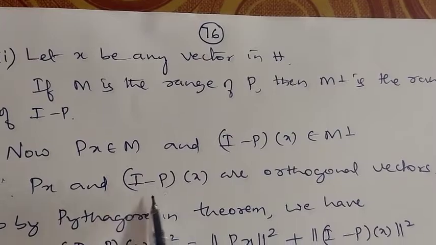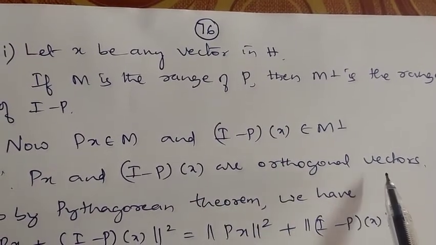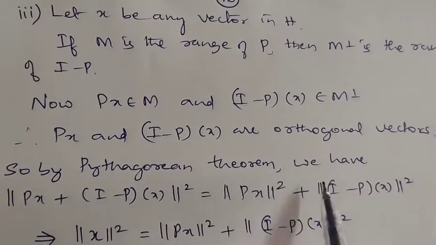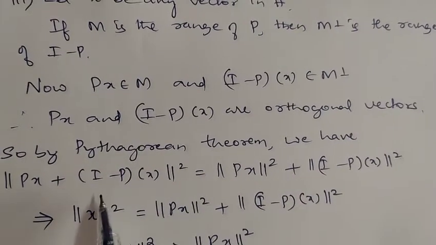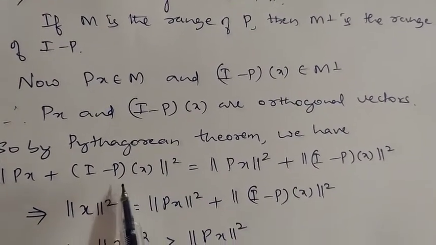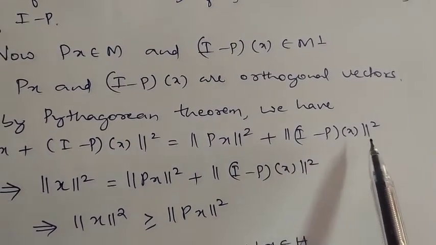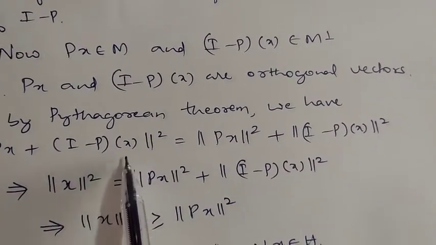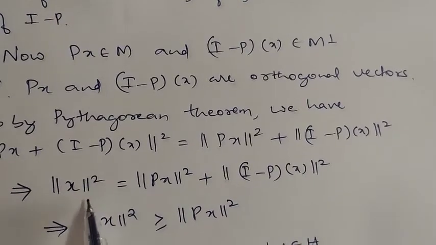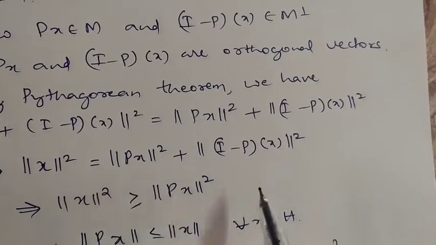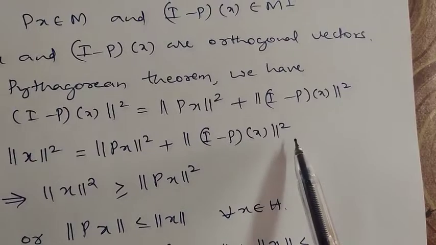Therefore P of x and I minus P of x are orthogonal vectors. So using the Pythagorean theorem, we have norm of P of x plus I minus P of x whole square is equal to norm of P of x square plus norm of I minus P of x square. Simplifying, this gives norm of x square is equal to norm of P of x square plus norm of I minus P of x whole square.